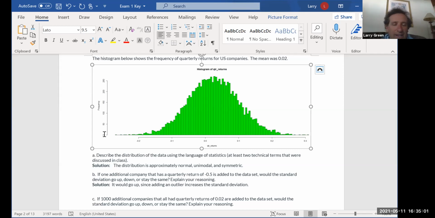If you add something very far away from the mean, will that average go up, down, or stay the same? Some of you got it right, so you should know.